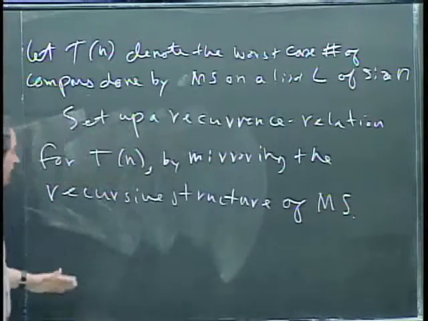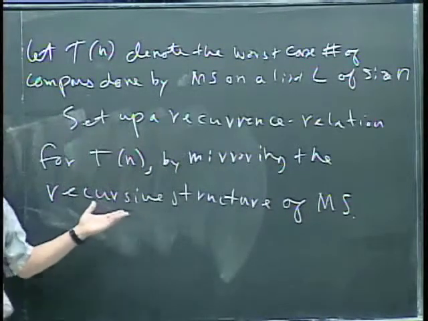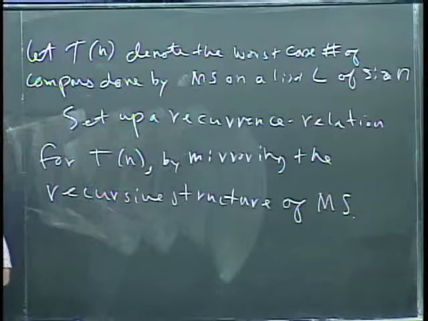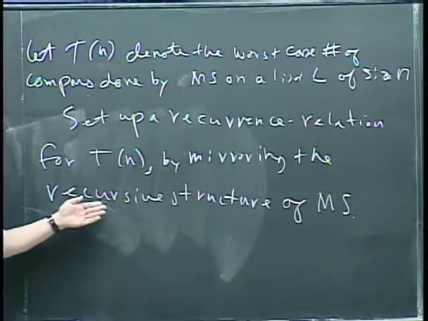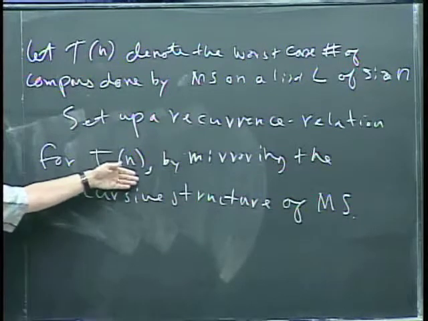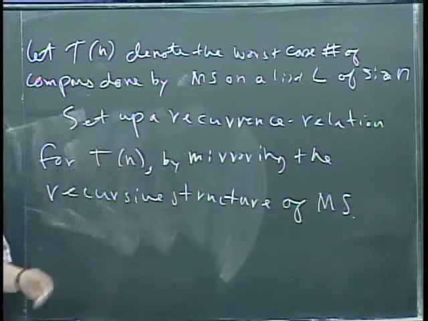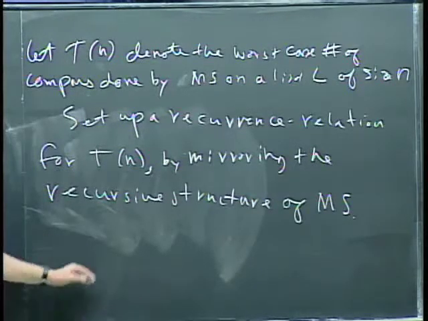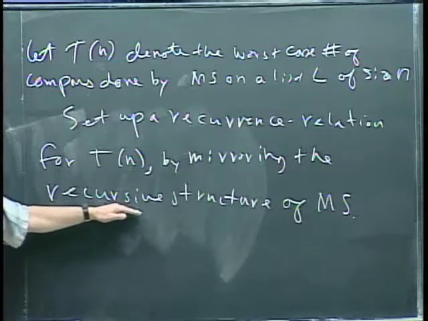So generally speaking, whenever you have a recursive algorithm of this type, or a divide and conquer kind of algorithm, you can set up a recurrence which expresses what the worst case number of operations is by just mirroring or representing the recursive structure of the algorithm.